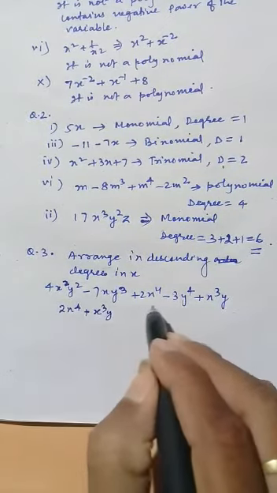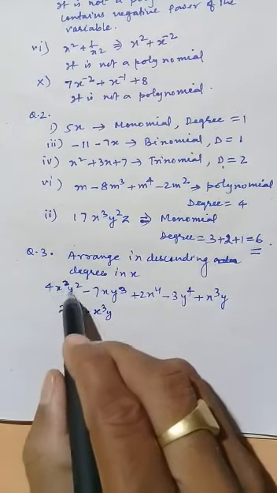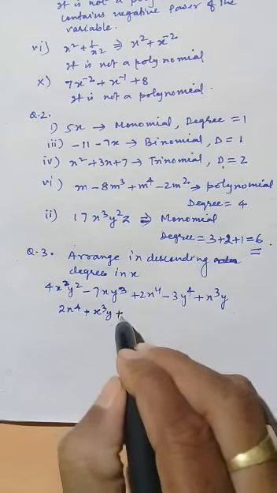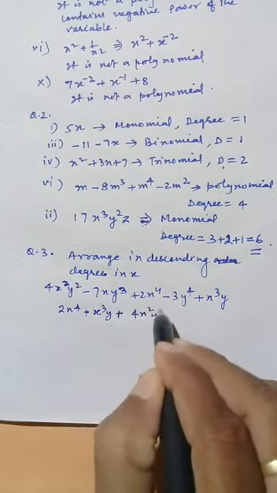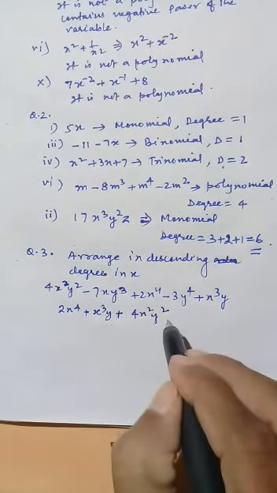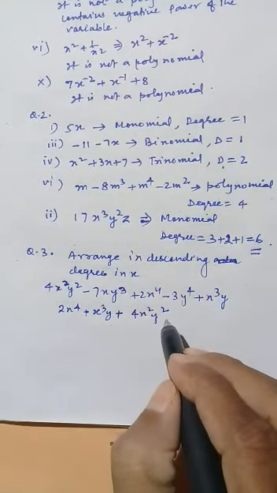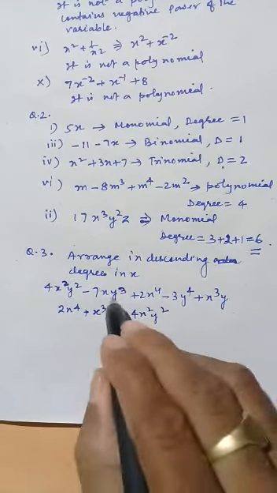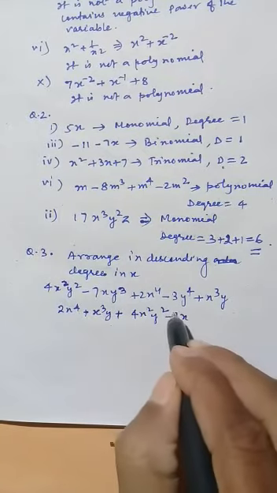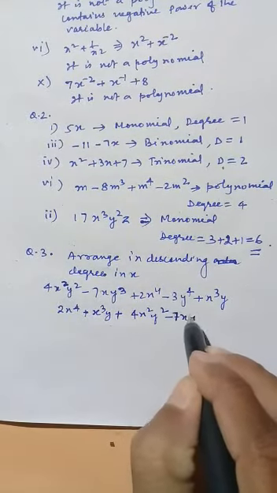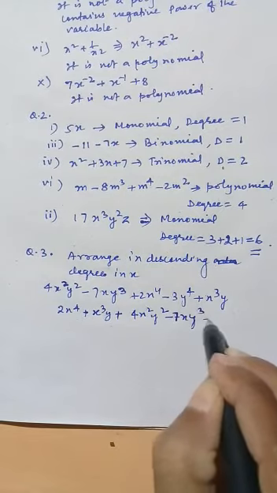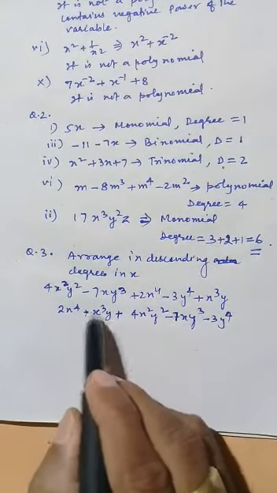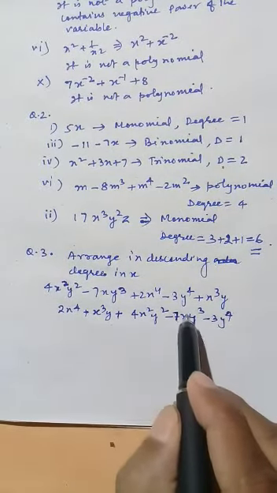Thereafter third term will be 4x square y square, and thereafter next term will be minus 7x y cube, and finally minus 3y to the power 4. See here, power of x is 4, then 3, then 2, then 1, and finally 0.